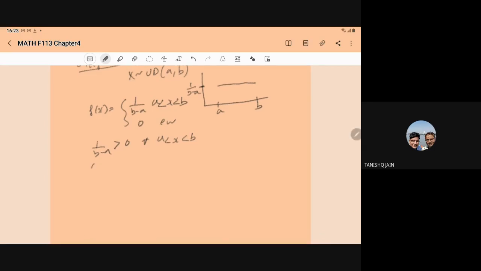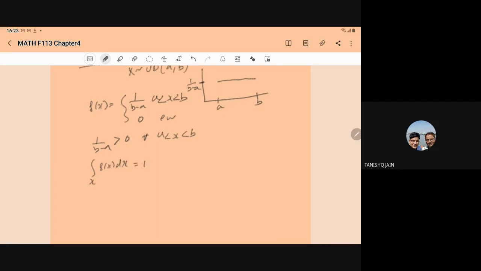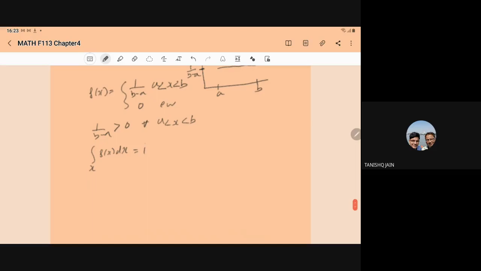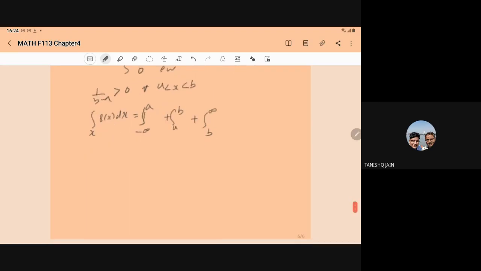And what is the second result? The second result is that the integral of f(x) dx over x must equal 1. That we have to check. So when we check, here we have minus infinity to a, plus a to b, plus b to infinity. In the first and last, since the integrand is 0, they give 0.